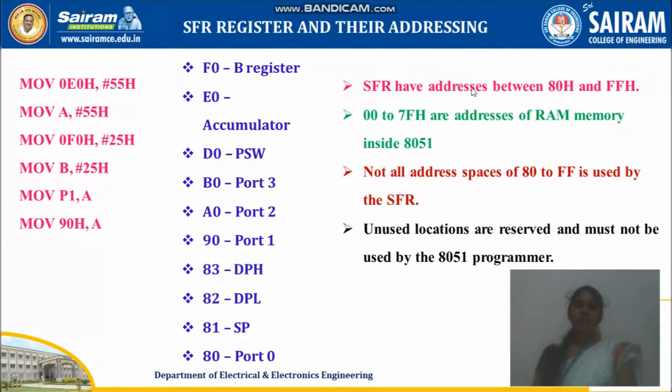SFR is nothing but special function register. It has addresses between 80H and FFH. 00 to 7F are the addresses of the internal RAM memory, that is the general purpose area. Not all the addresses from 80 to FF are used by the SFR. Only the addresses we have specified here are used by SFR.